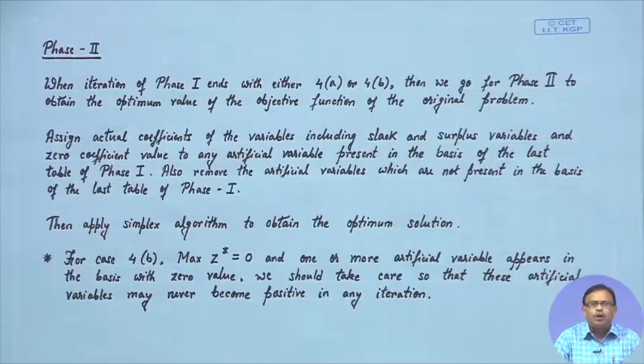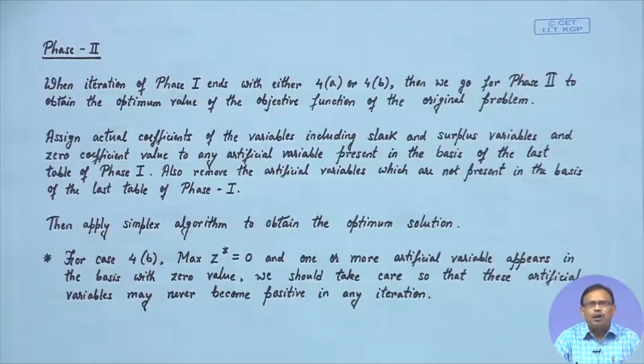As I have told at the beginning itself, at first we have created one auxiliary objective function, where the coefficients of the variables were not the same as the original problem, but we assigned 0 values to all decision variables and slack and surplus variables, and we assigned -1 coefficient to the artificial variables. But now, whenever we are going to phase 2, we are assigning actual coefficient values of the variables for all the decision variables, slack variables and surplus variables.